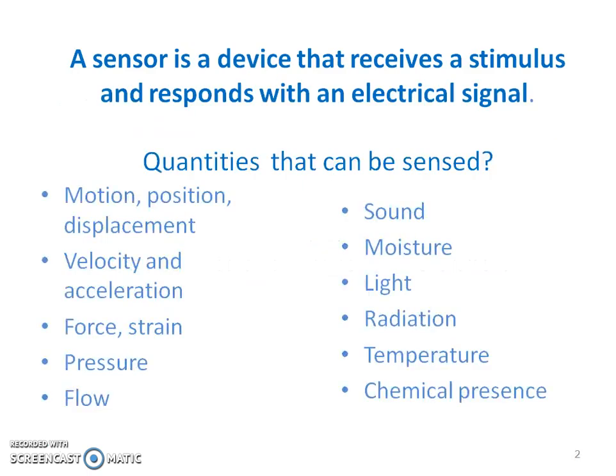A sensor is a device that receives a stimulus and responds with an electrical signal. So we can measure different quantities with the help of sensors. For example, motion, position, displacement, velocity and acceleration.